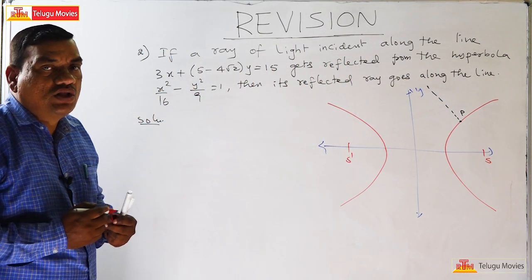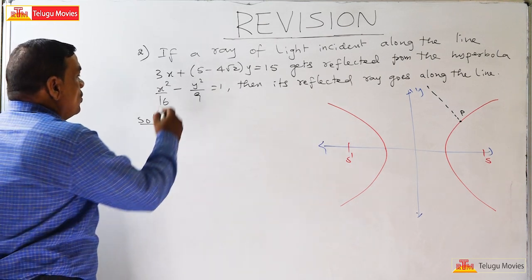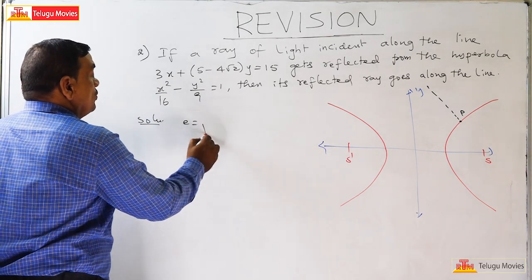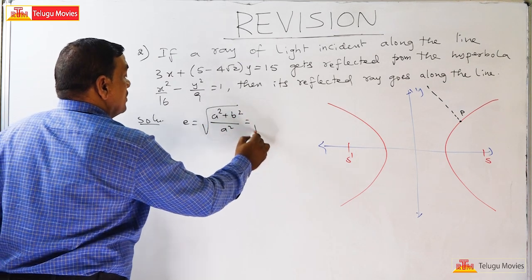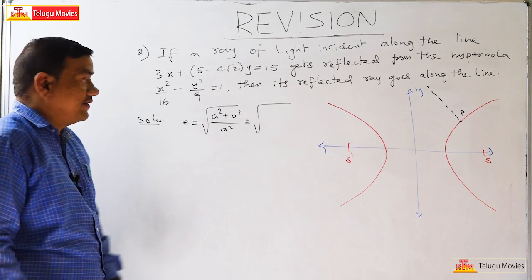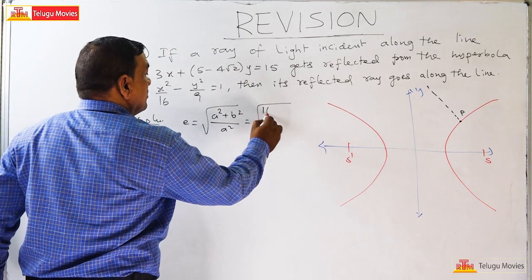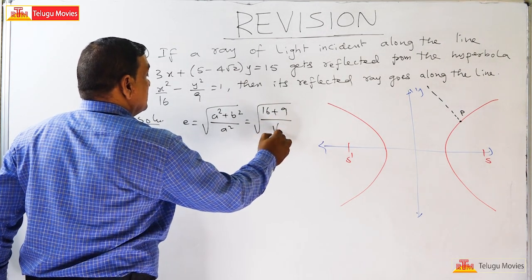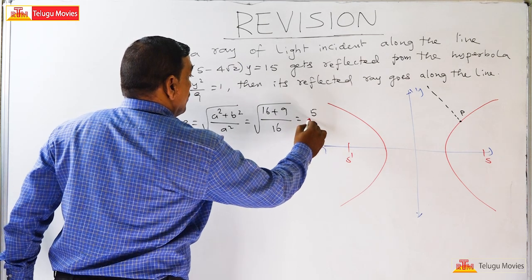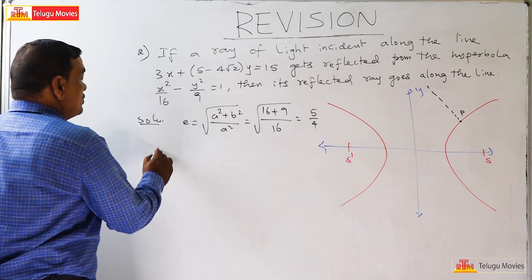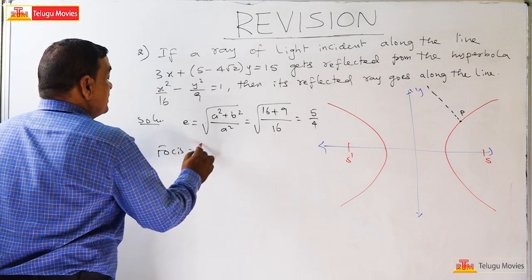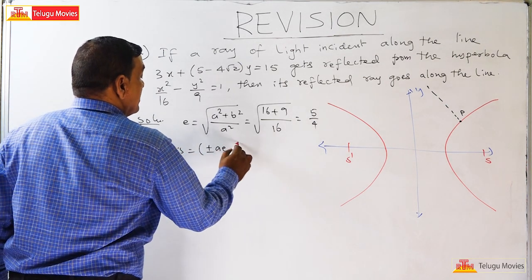First, let us find the focus. So what is the eccentricity? E is equal to root of A square plus B square by A square. So first find the foci. A square means 16 plus 9 by 16. So this is equal to 5 by 4. What is the foci? Foci is given by plus or minus AE comma 0.